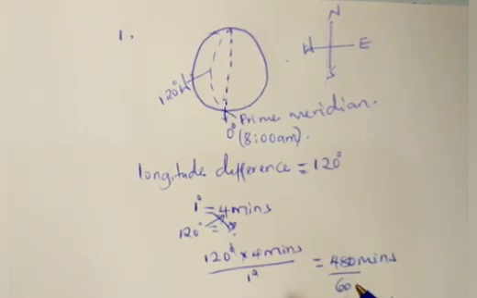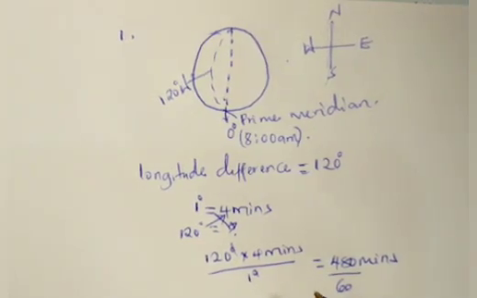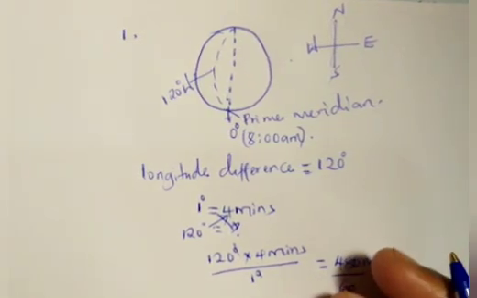This is because the sun rises from the east and sets in the west, and therefore time is always ahead at the eastern part.